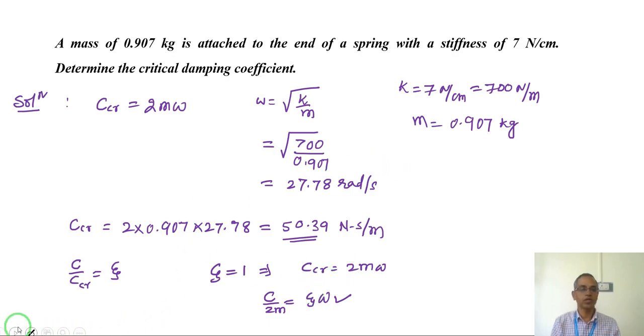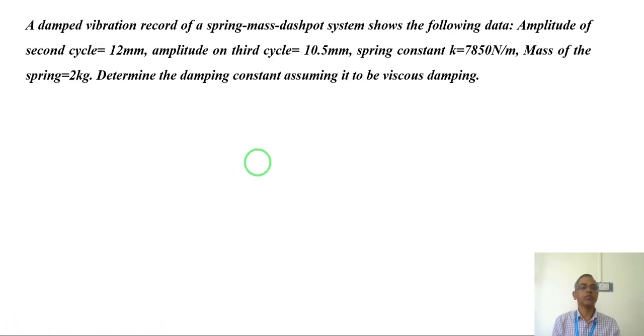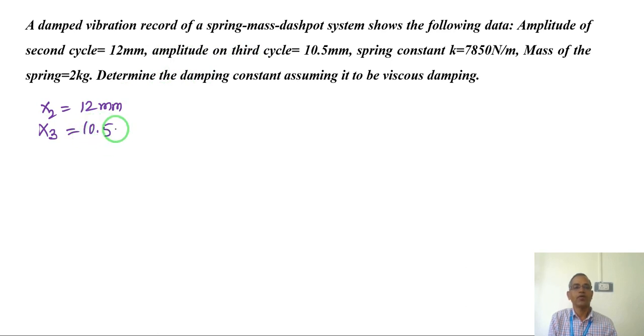Okay, so let us look at the next question, which is: a damped free vibration record of a spring mass dashpot system shows the following data. The amplitude of the second cycle, that means x2, is 12 millimeter. Amplitude of the third cycle, x3, is 10.5 millimeter.